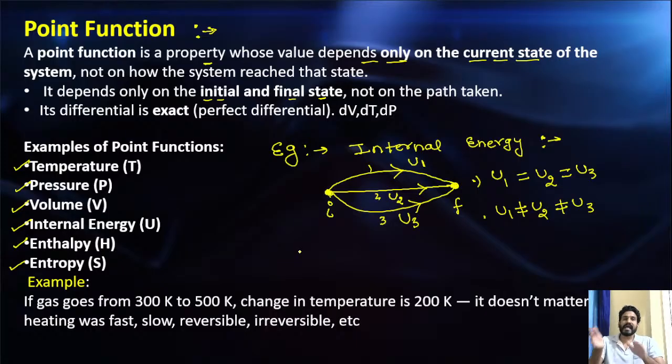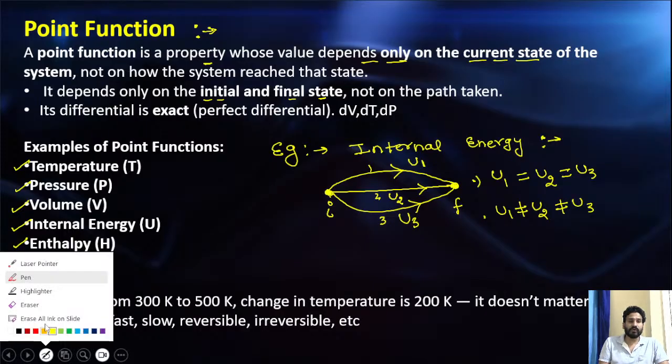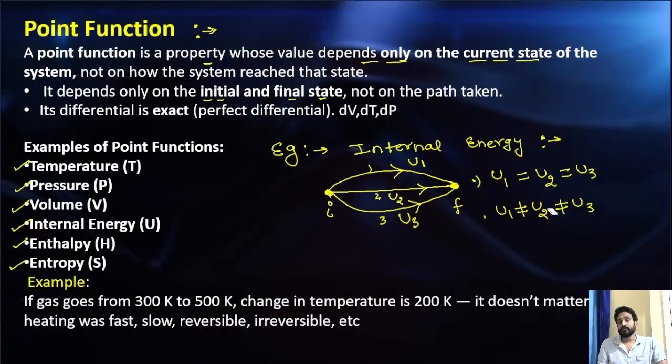As we know, internal energy is a point function, so it only depends upon the initial and final state. If you look at process 1, process 2, and process 3, all these processes have the same initial and final point. So what is the meaning? The meaning is that the internal energy of all these processes is the same: U1 is equal to U2 is equal to U3.